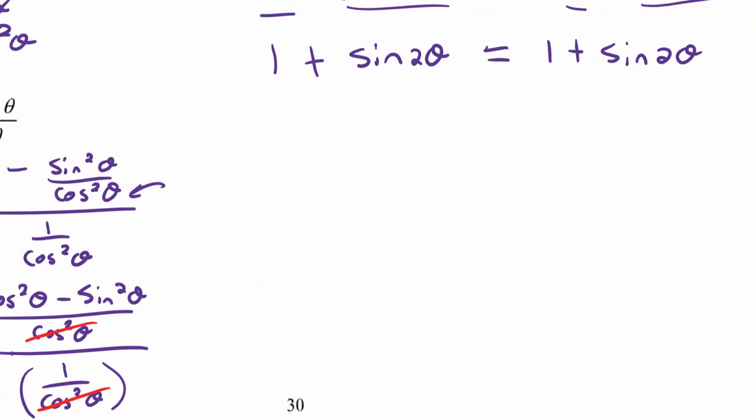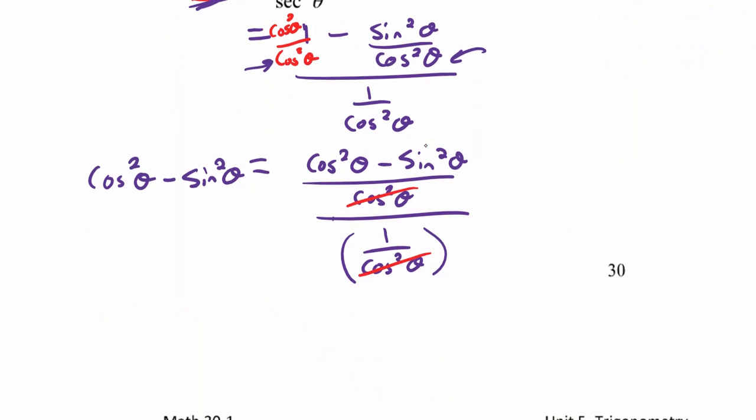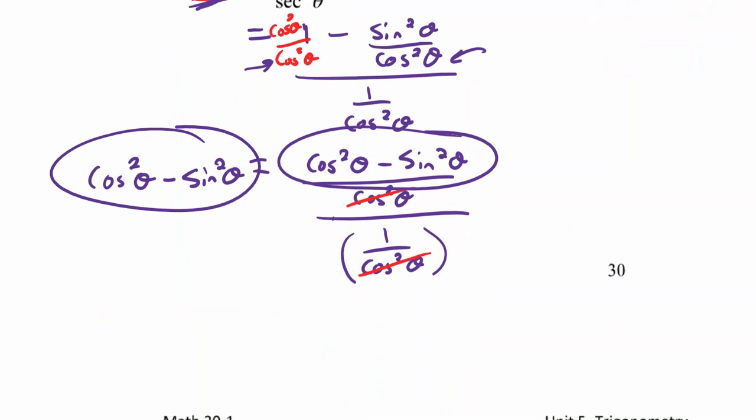So let's change this into that. That was just one of our identities. So we can say that's equal to cos squared theta minus sine squared theta. So in the end, I won't write it all out again. The left side is equal to the right side.